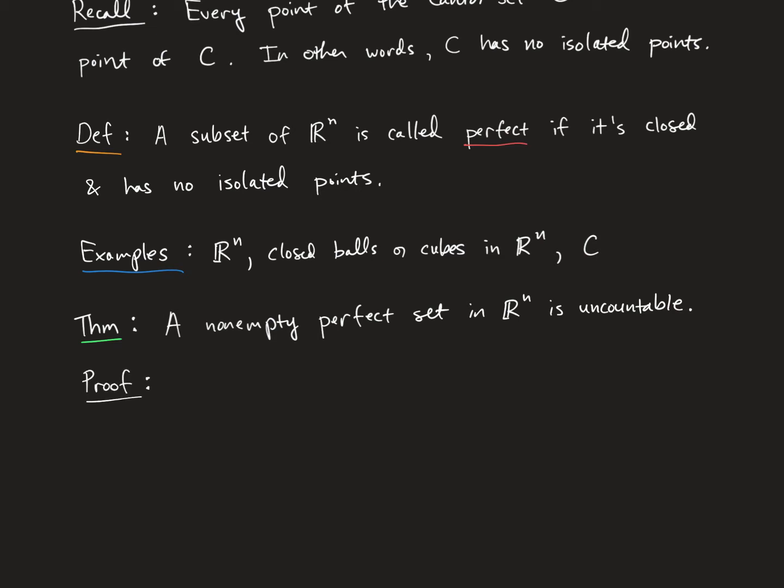So here's the proof. The basic idea of the proof is, well, this theorem generalizes the uncountability of R, so it implies the uncountability of R in particular.